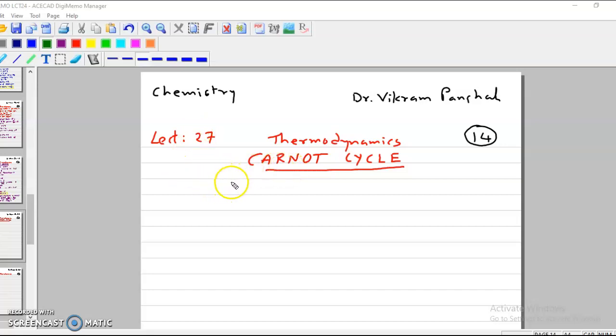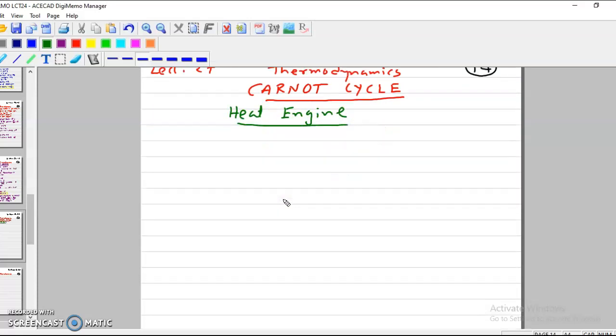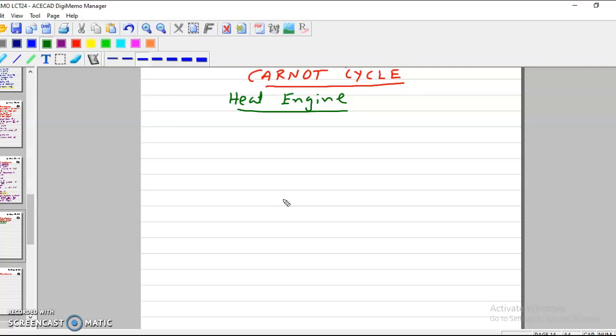Okay, so first of all let us understand what is heat engine. You must have heard of this term engine, and we are now going to discuss what is heat engine and how Carnot cycle is helpful for this.